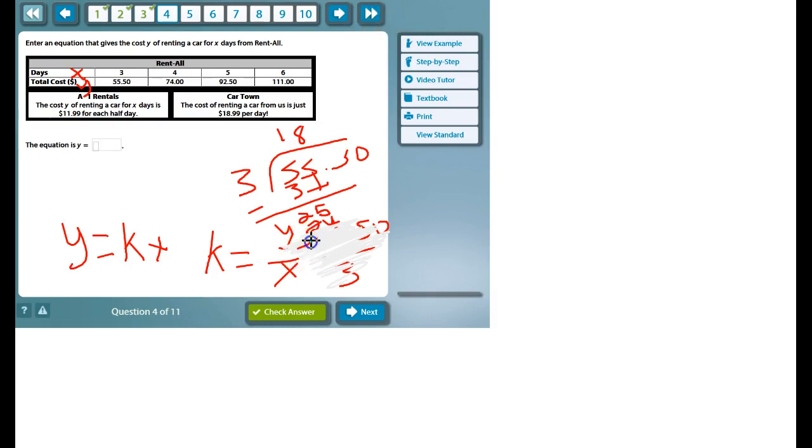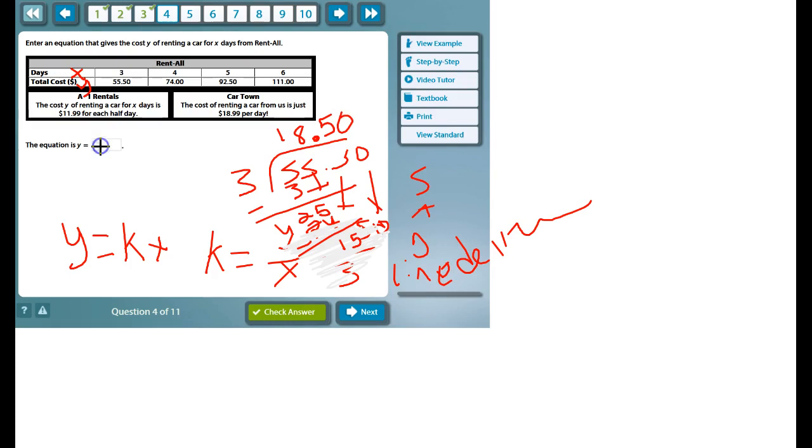Alright, so that would be 1, bring down the 5, 15, 3 into 15, 5 times. Don't forget, we're SAD. When you subtract, add, and divide, you line up your decimals. So 3 into 15, 5 times. Then bring down the 0. Oh, look, 3 goes into 0, 0 times. So then y should equal 18.5.